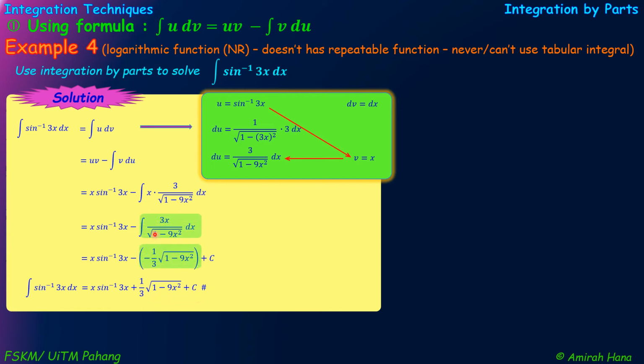Alright, now how do we get this? Okay, integration of 3x over square root of 1 minus 9x squared dx equals negative 1 over 3 square root of 1 minus 9x squared plus c. Okay, when we integrate, there is no more integration sign. So how to integrate this function?